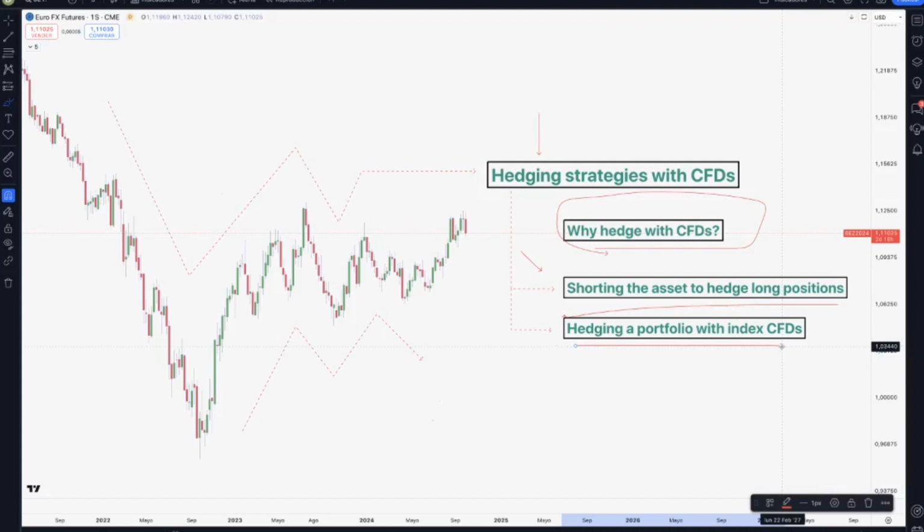And you expect the overall stock market to fall. So you short a CFD on an index like the S&P 500, correlating with your portfolio's value. So if the market declines, the value of the portfolio decreases, but the short position in the index CFD gains value, offsetting your losses. So it's like shorting the asset, but not for individual stocks. Instead of hedging the individual stock, we can hedge our entire stock portfolio with the index.